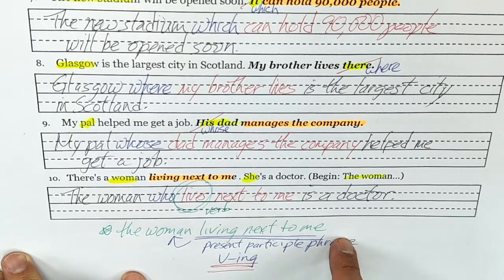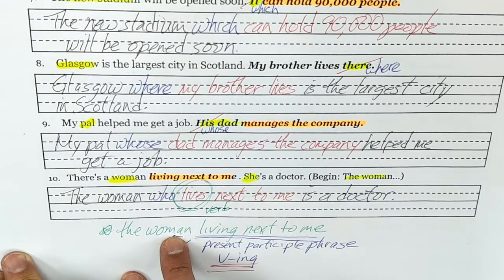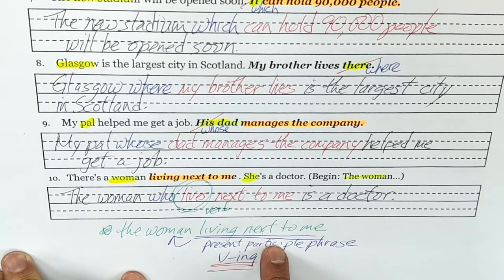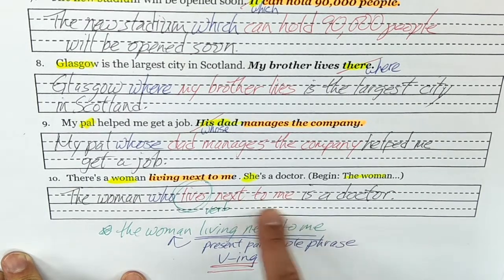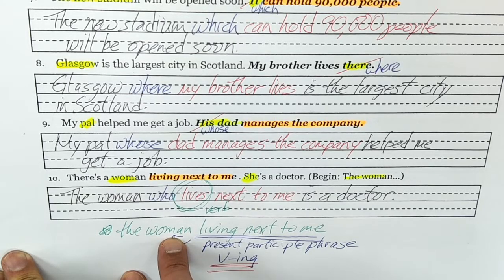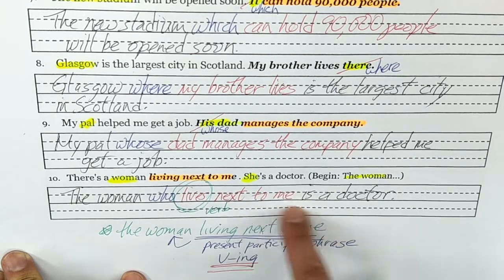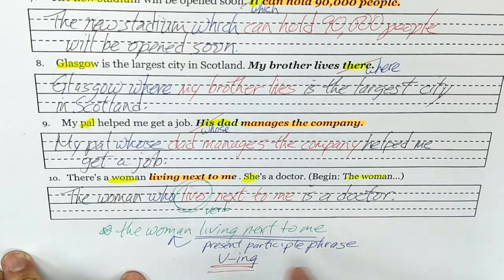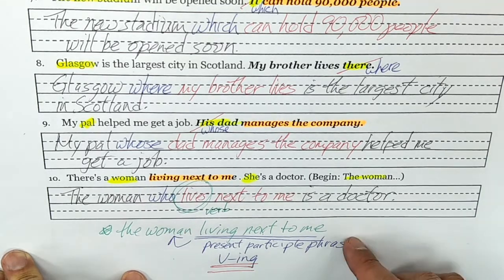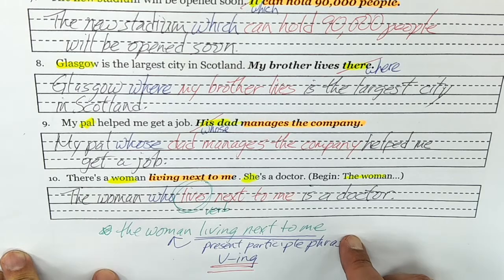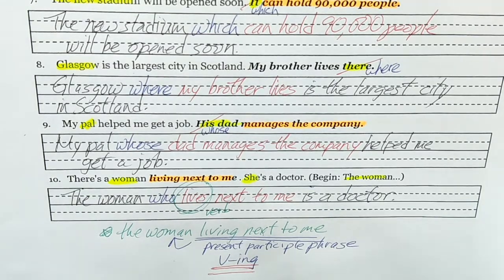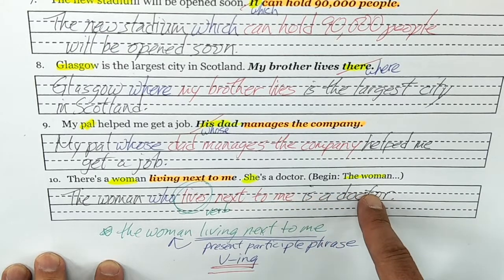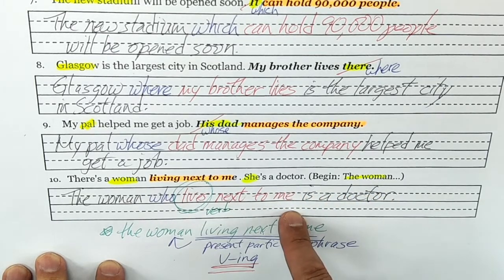A phrase here is describing the woman. So living next to me, this verb-ing, this present participle phrase, is talking about the woman. This is like an adjective describing the woman. But remember, when we write an adjective clause, we have a marker plus a subject plus a verb, or a marker plus a verb.